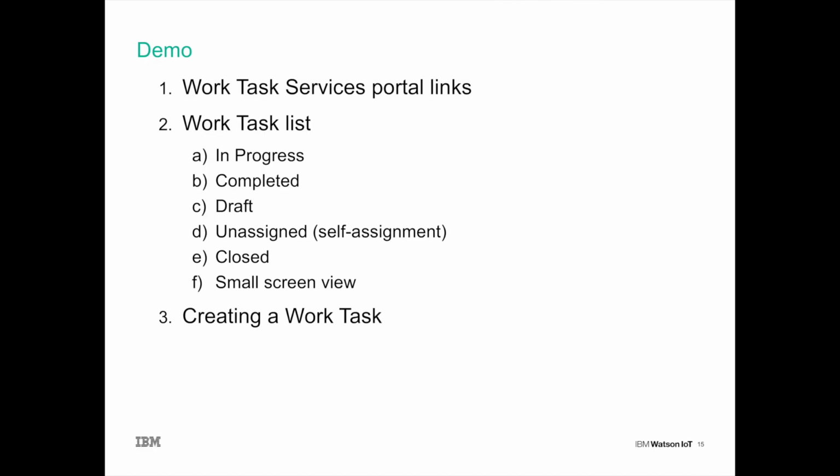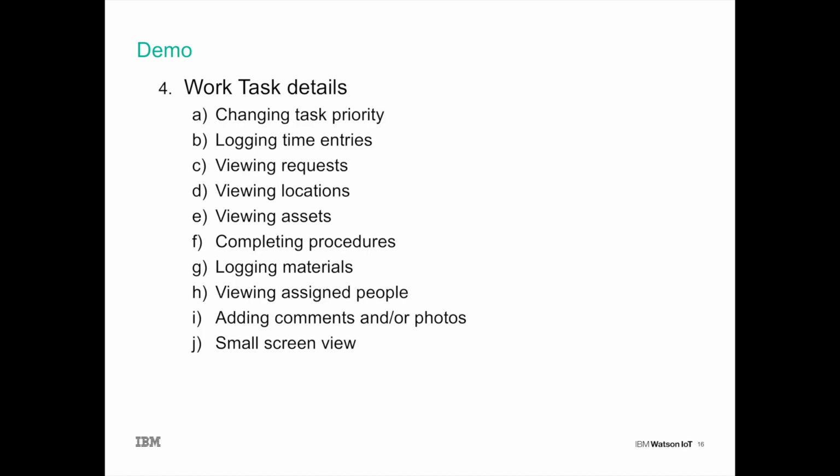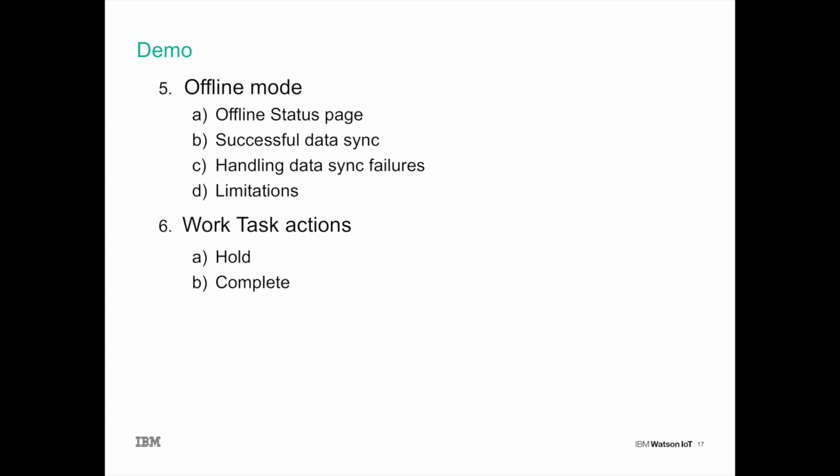We'll be going over Work Task Services portal links, the work task list, and creating a work task. The bulk of a service technician's work will be in the Work Task Details page. We'll go over changing task priority, logging time entries, viewing requests, locations, and assets, completing procedures, logging materials, viewing assigned people, adding comments and/or photos, and a small screen view of the app.